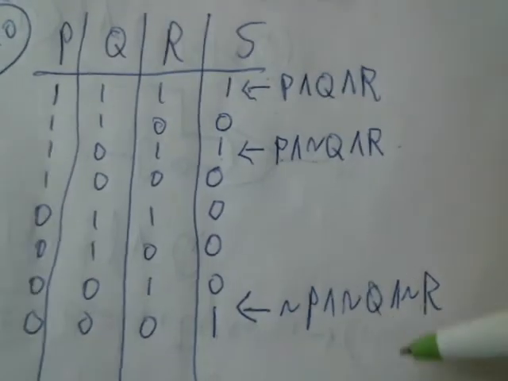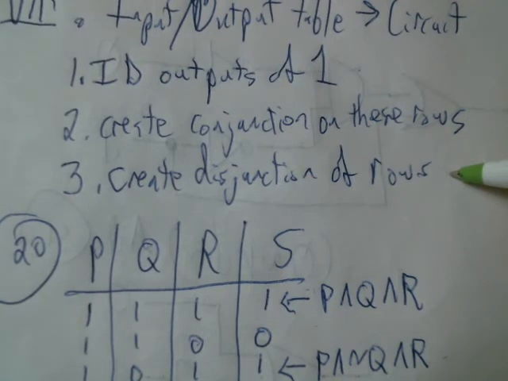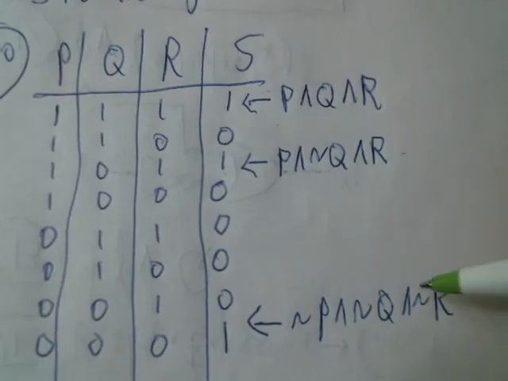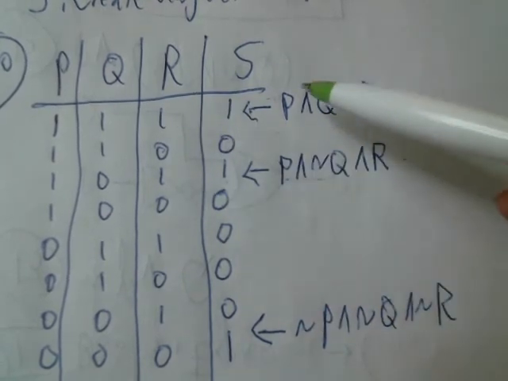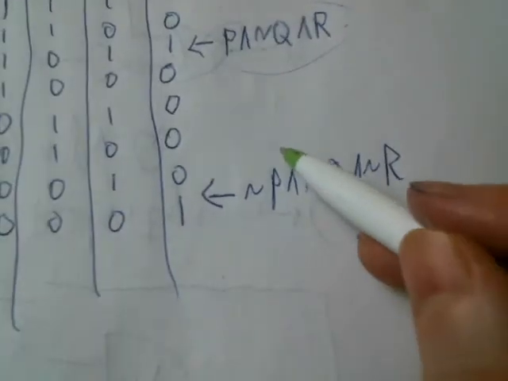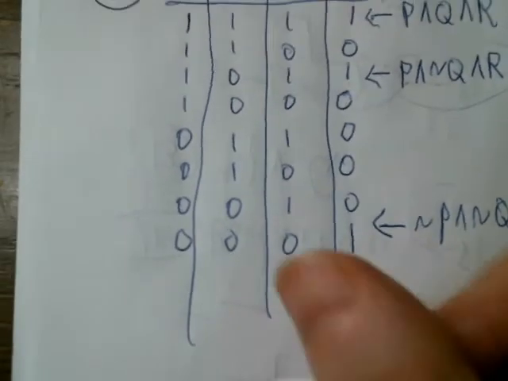And then, the third part, create a disjunction based off of these rows. So you'll have a true statement resulting, or an output of 1, if you have either this true, or this true, or this true. And that's a disjunction. That statement I just made is a disjunction.